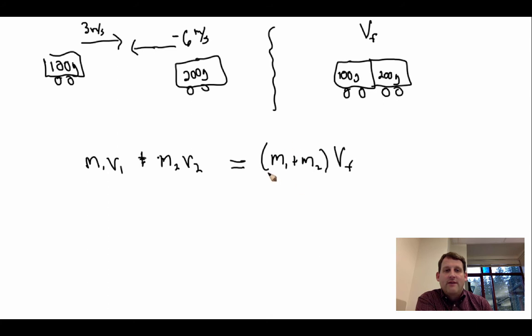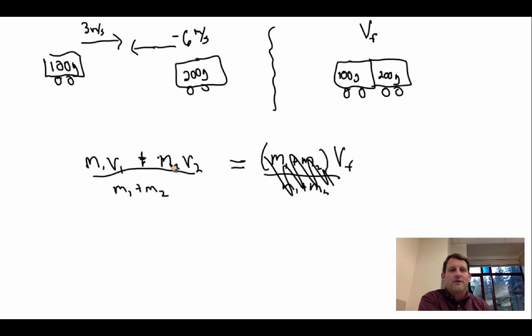Now again, I'm just going to divide both sides by M1 plus M2, and I find that's my final equation right here.